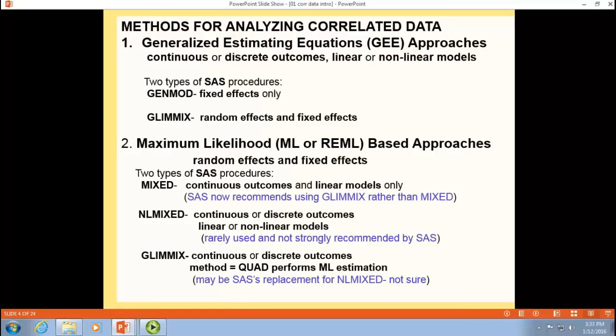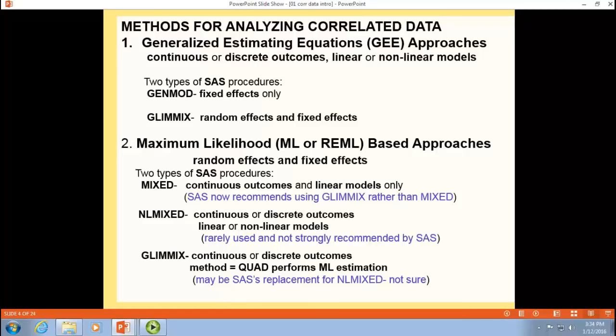If you're dealing with normally distributed data, you can come up with a formula that allows you to write down the likelihood function, and then the computer can maximize it. But when you're dealing with more complicated, particularly nonlinear data, it's not very easy to write down a likelihood function.